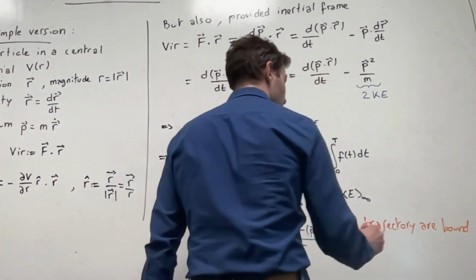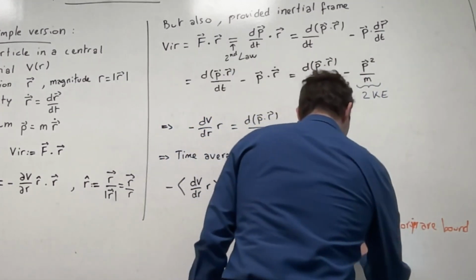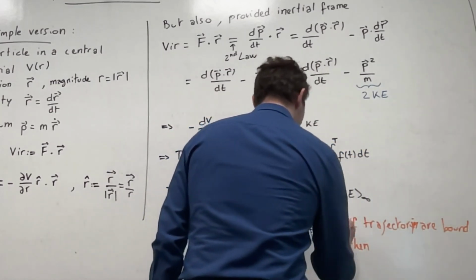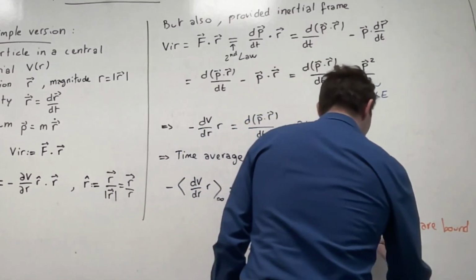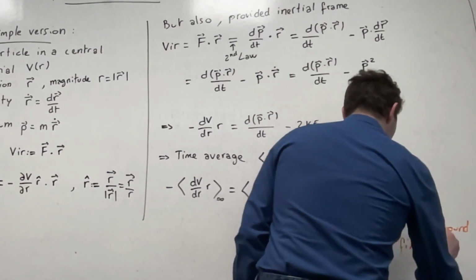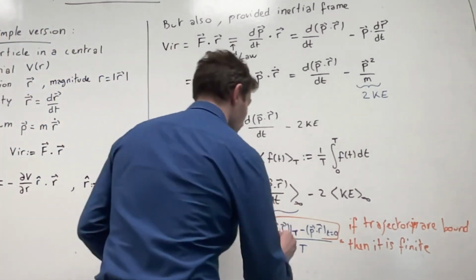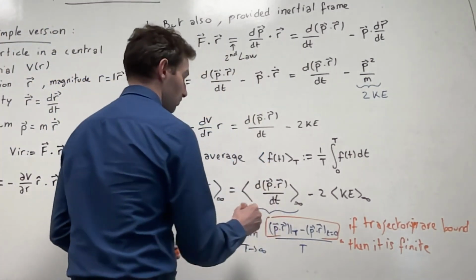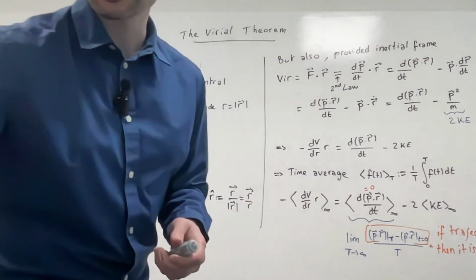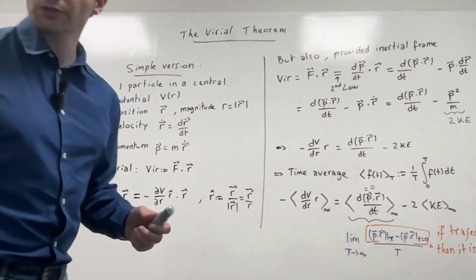So if trajectories are bound, then this is finite, and consequently the totality of this average is equal to 0. And so this leads, in fact, to the Virial Theorem.